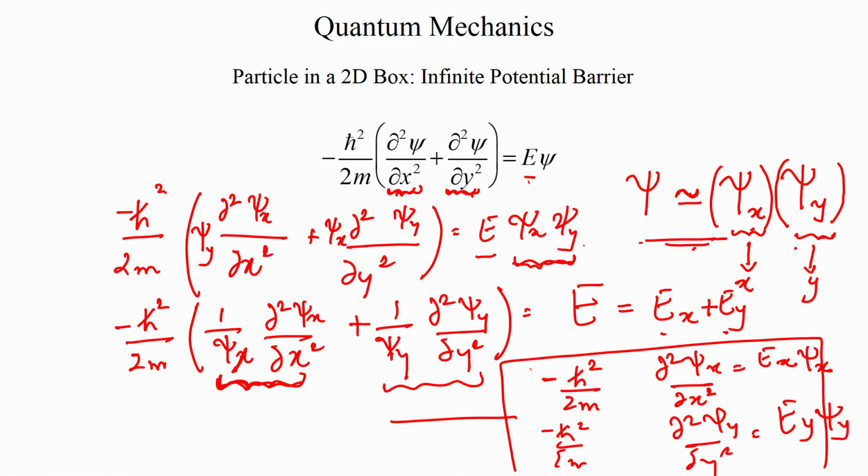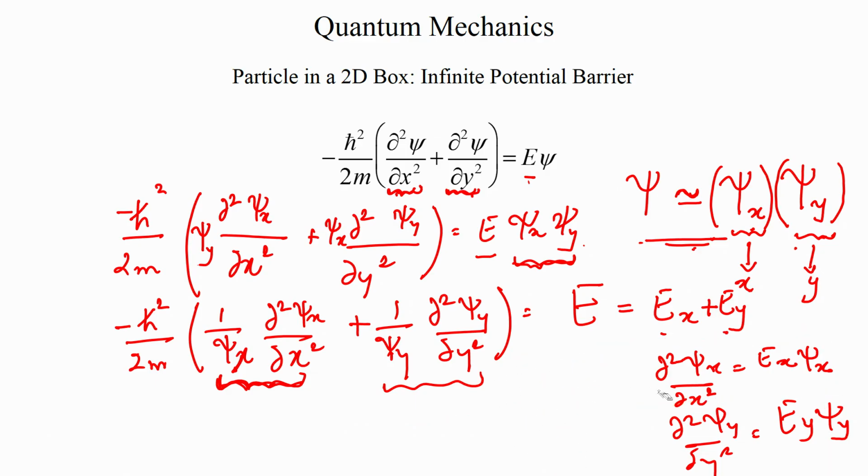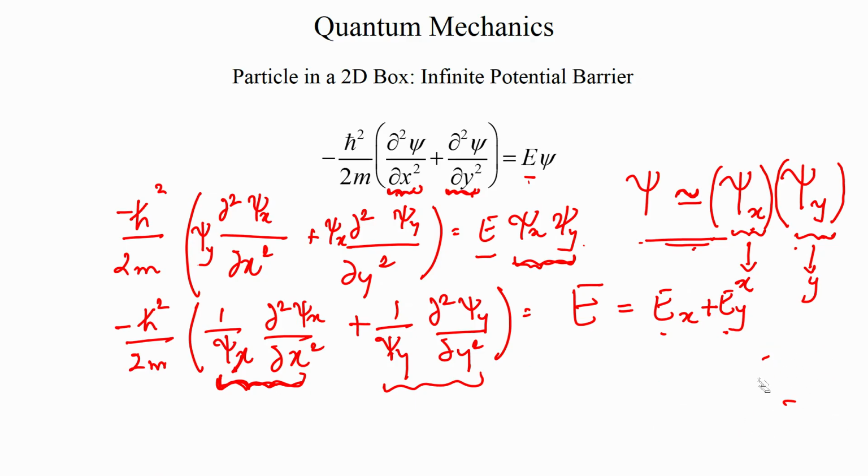Now these two are your very familiar set of equations which you saw for the particle in a 1D box. And therefore, you can solve these two Schrodinger's equations independently. So you can now solve these two equations independently and say that my psi x, the wave function, looks very similar to what you saw before.